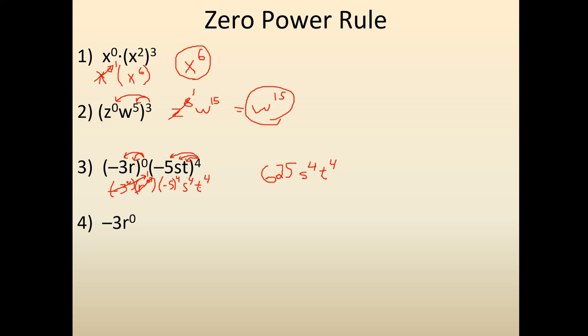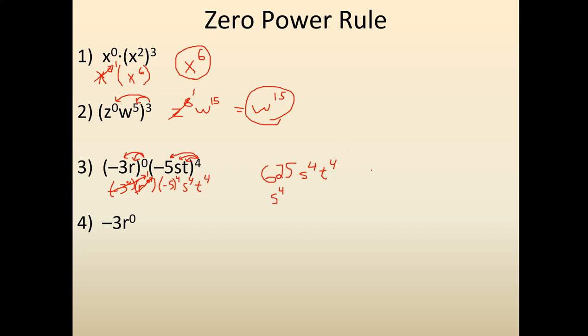Another thing you could do is you could actually just leave this exponent on it. Me personally, I don't like doing that. If I have a coefficient or a constant term raised to a power, I like to try to just get rid of it. But you can leave it like that, though I probably would end up dropping the negative.